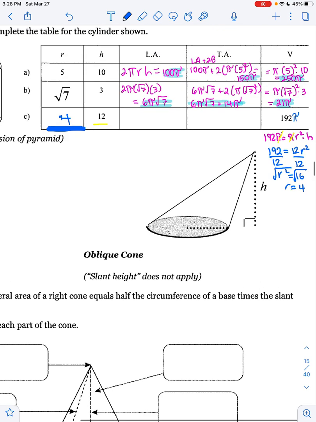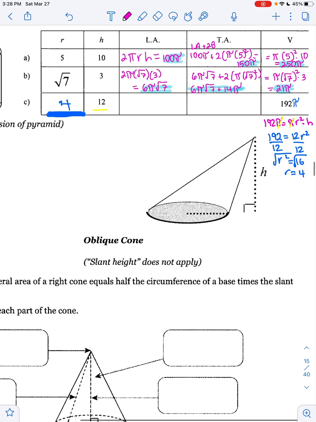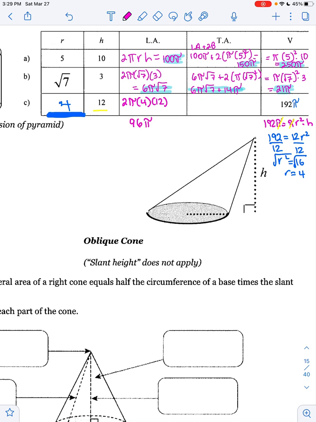Now that's going to allow me to figure out what lateral area is and total area, both of which were dependent on the radius. So now switching back to finding lateral area, it's 2 pi r times h. So we have 2 pi, the radius is 4, and the height is 12. So we end up with 2 times 4, which is 8, times 12 is 96, so 96 pi. And then total area would be 96 pi, and then we're going to add 2 pi r squared.